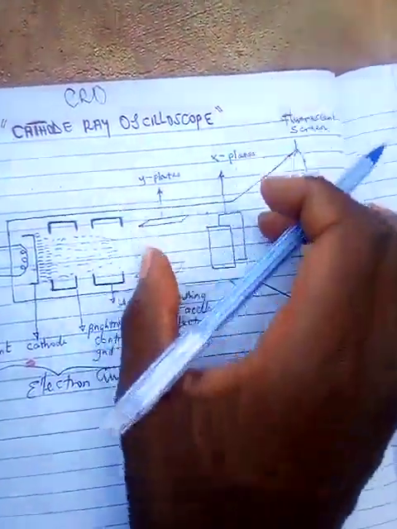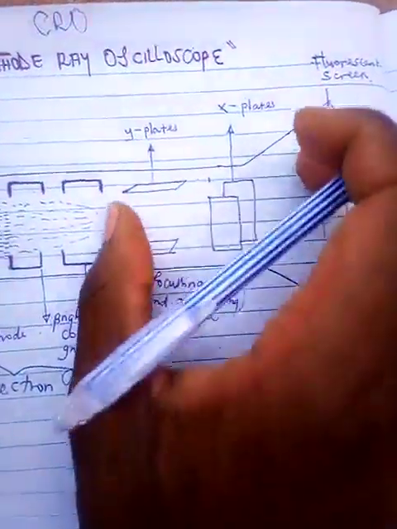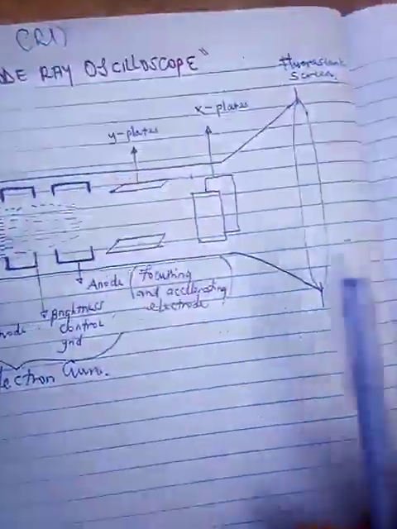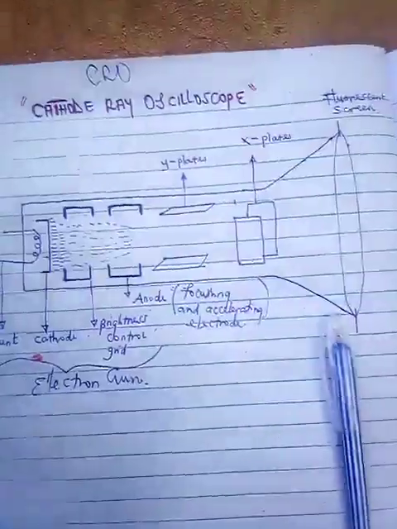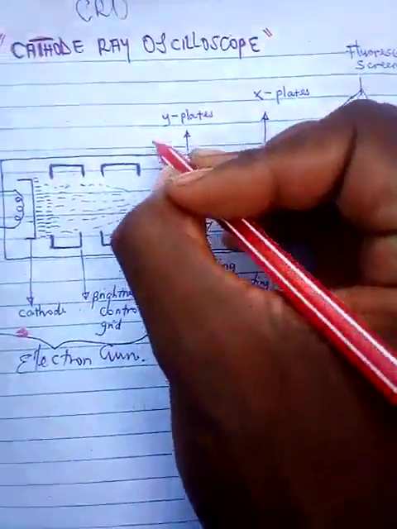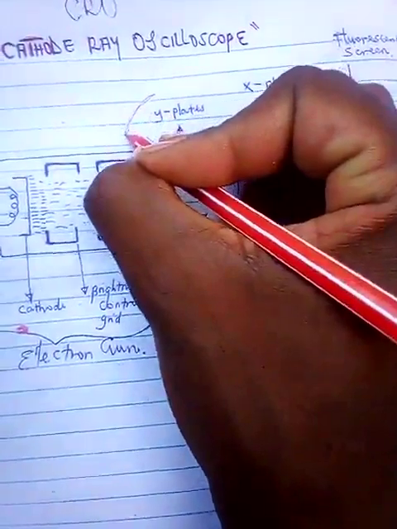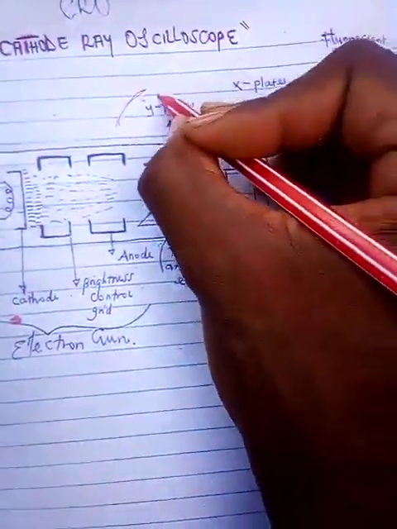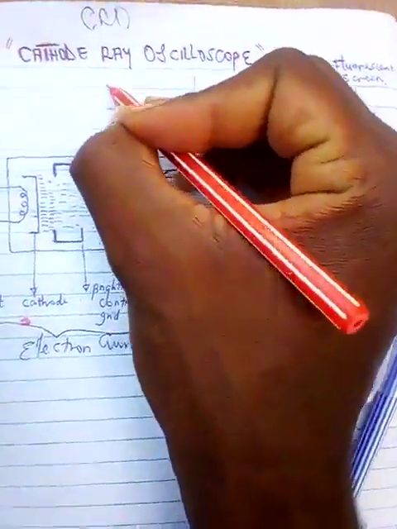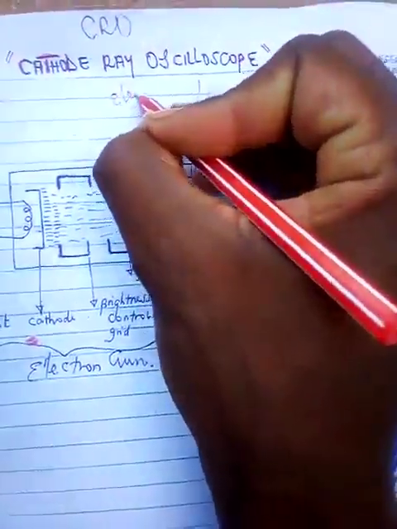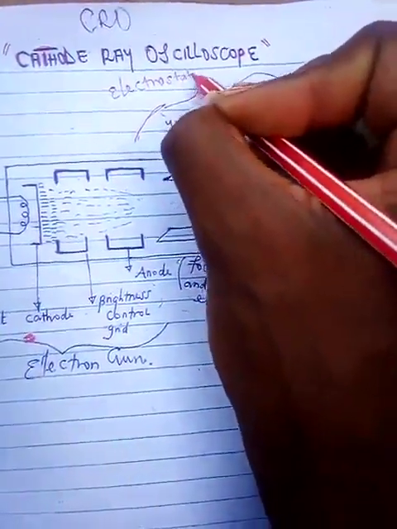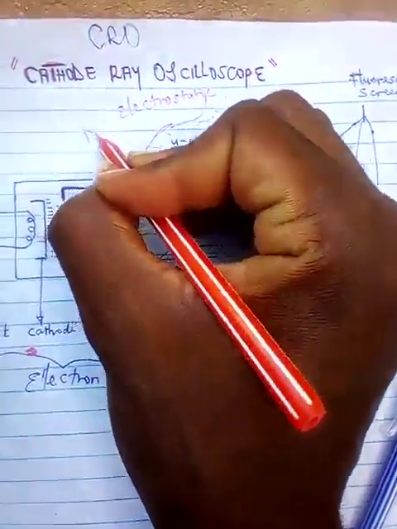Now, when we reach this part, this is where we're seeing the Y plates and the X plates. This new part which we have reached here, which includes the Y plates and the X plates, is what you might call the electrostatic deflection system.